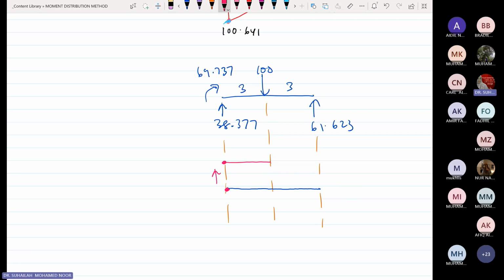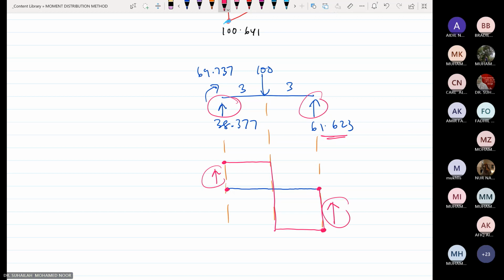Bila turun 100, you memang akan dapat negative 61. So go straight sampai this point. So this point is negative 61. Plus dengan yang ni, so dia akan go back to 0. Dan arrow dia nampak tak ni? Arrow dia yang ni and yang ni.